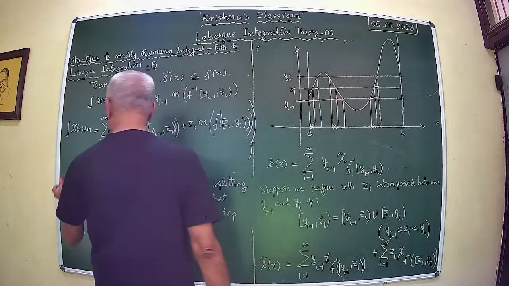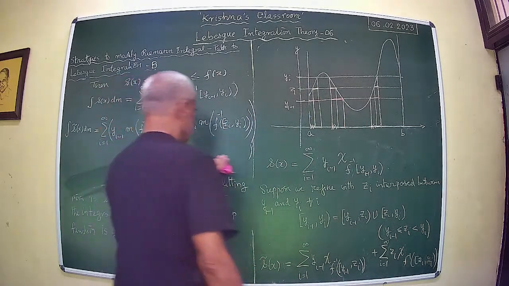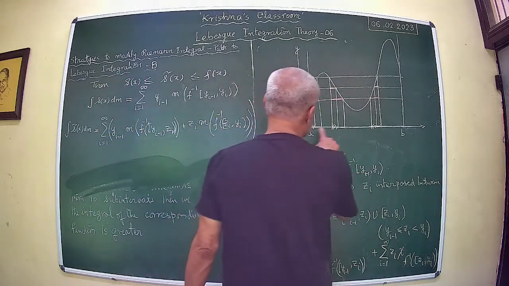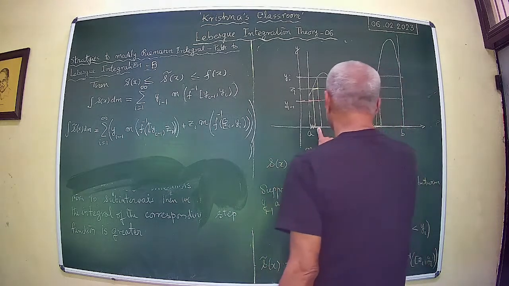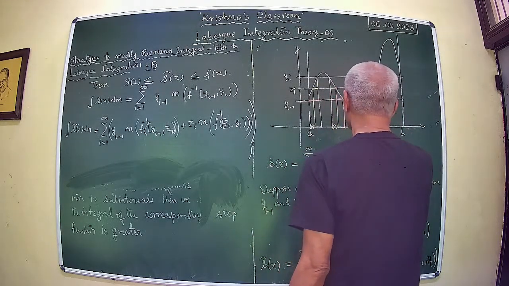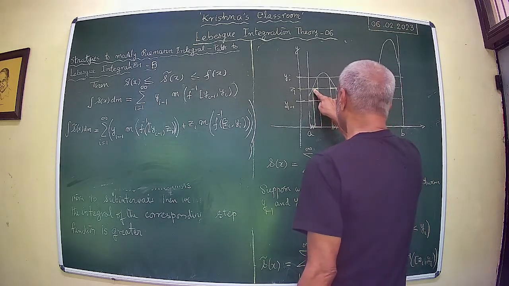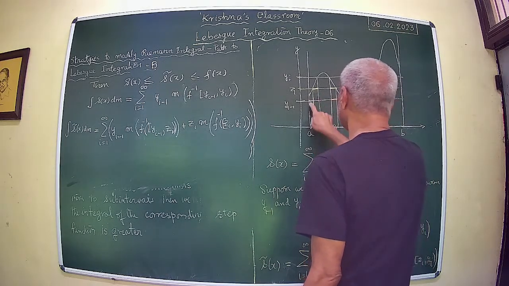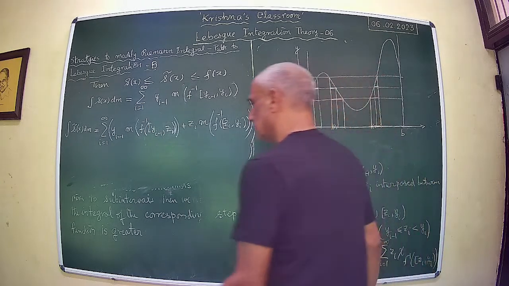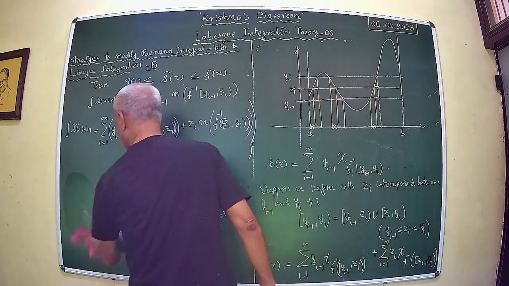Okay. So that corresponds to two sums. One on this set and the other one on this set. On this set, the value of the function is zi. On this set, the value of the function is yi. Okay.